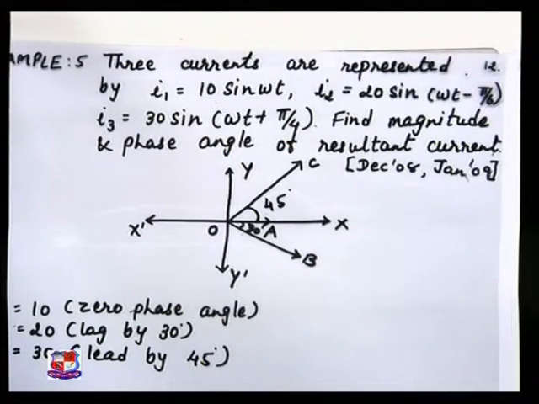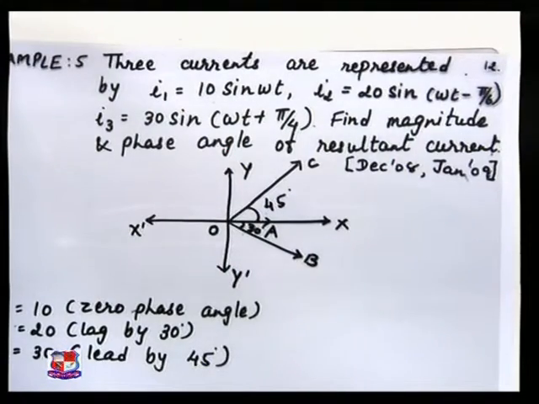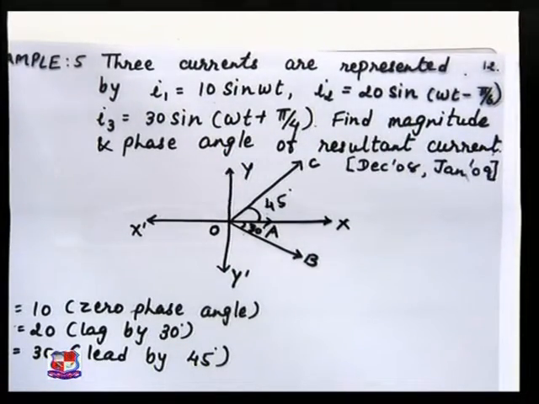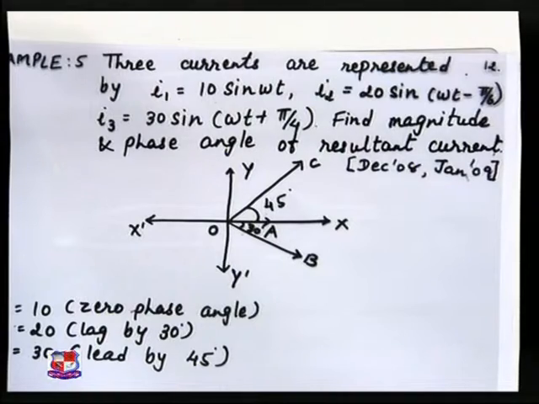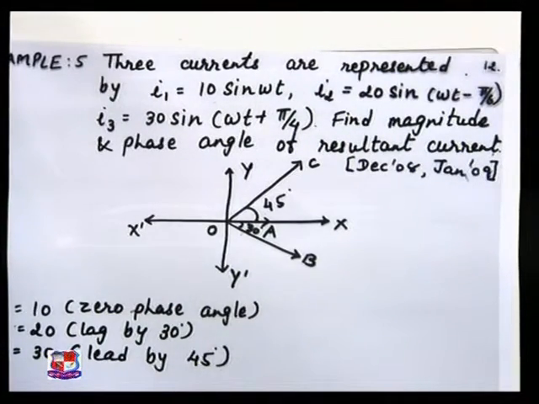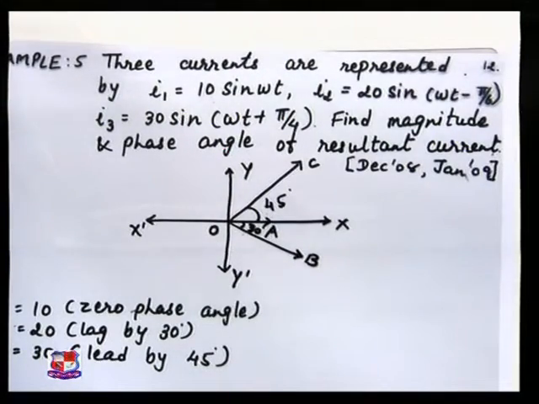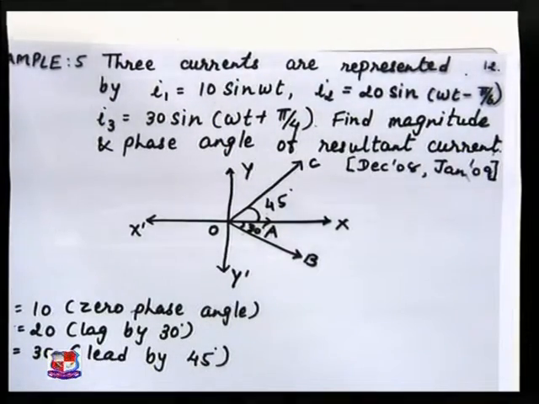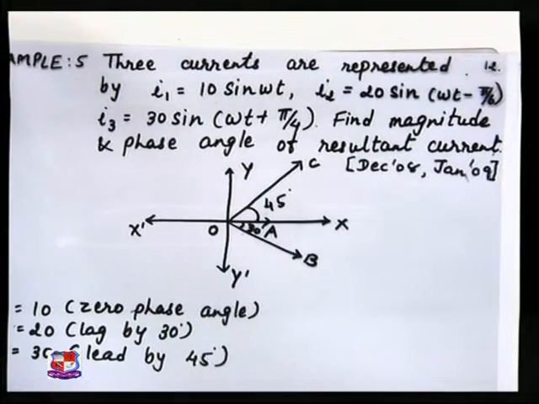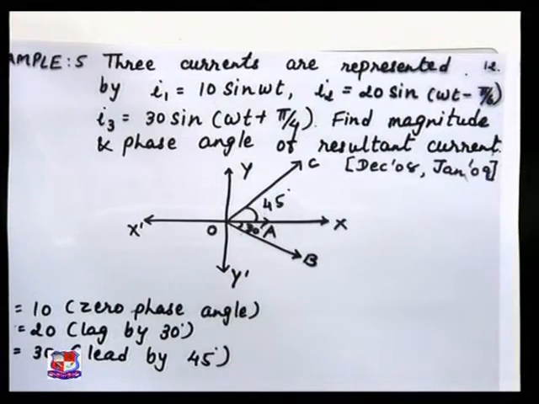This example is based on vector representation of an alternating quantity. If three conditions are satisfied, you can represent any alternating quantity by a vector. The first equation, I1 equal to 10 sin omega t, indicates that the magnitude is 10 and the phase angle is 0.